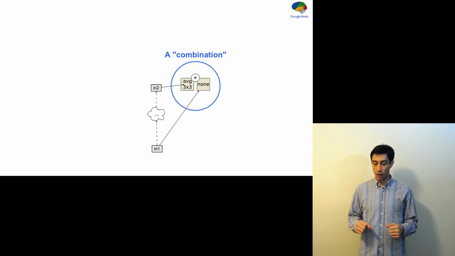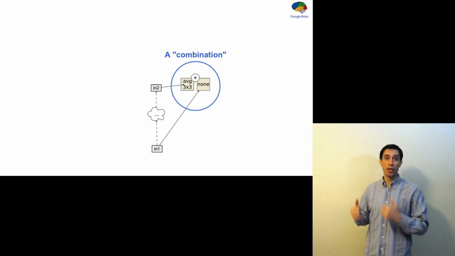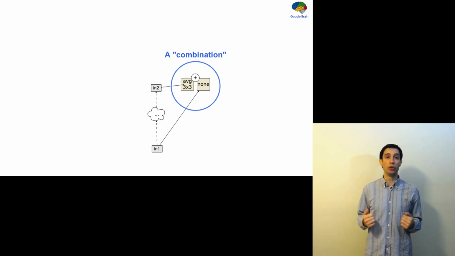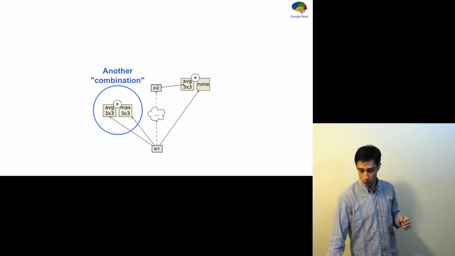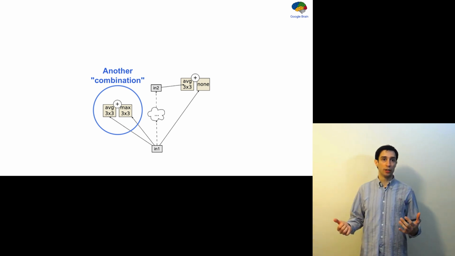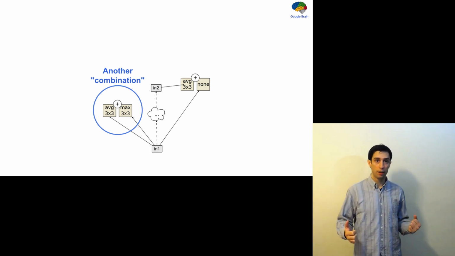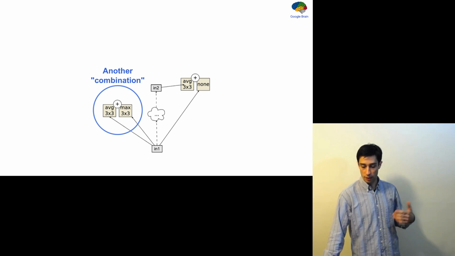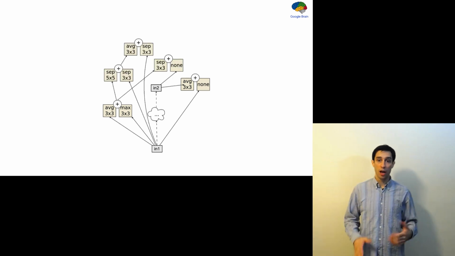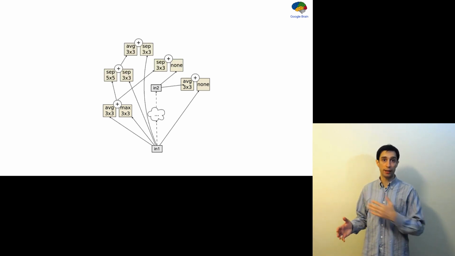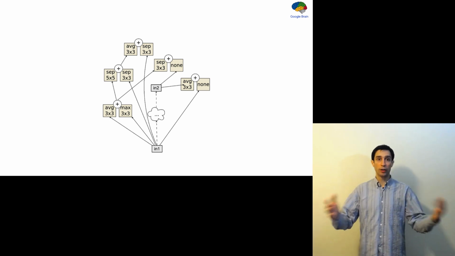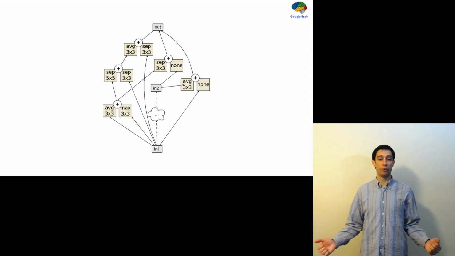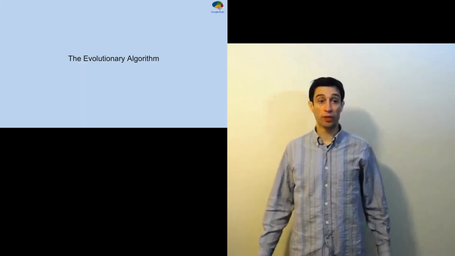A combination itself produces a new hidden state that then can be used to keep constructing the structure of the cell. So here, for example, is another combination. And so we keep doing this. Here's another, and here's another. And when we have reached 5 of them, like here, we take all the hidden states that are unused and concatenate them to produce the final output of the cell like this. So that was the search space.